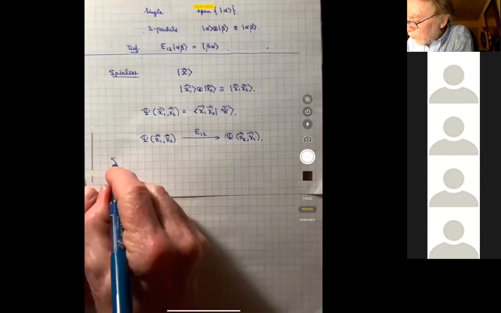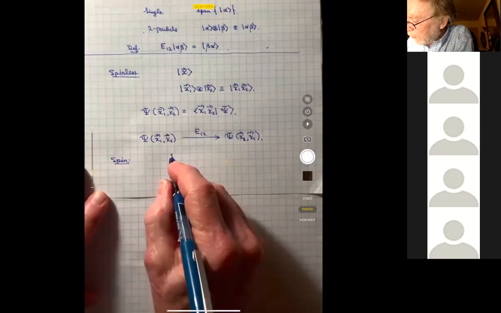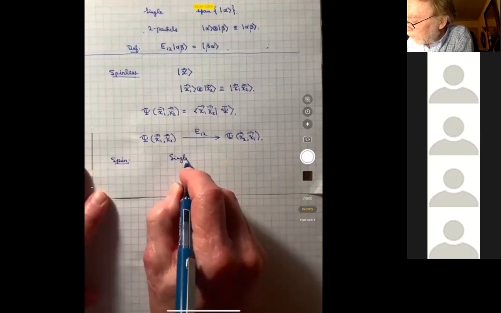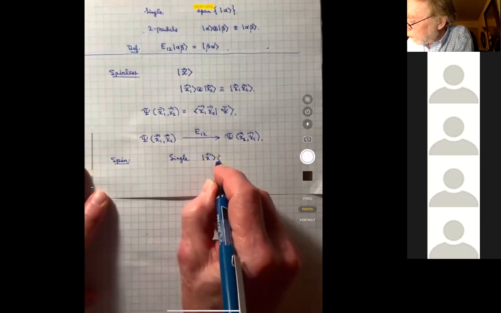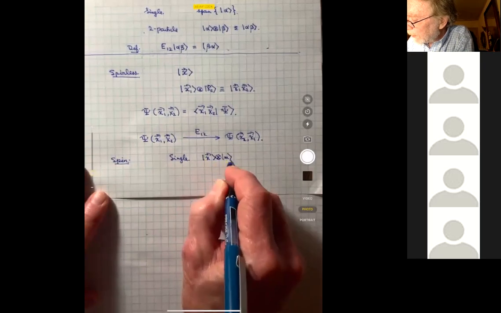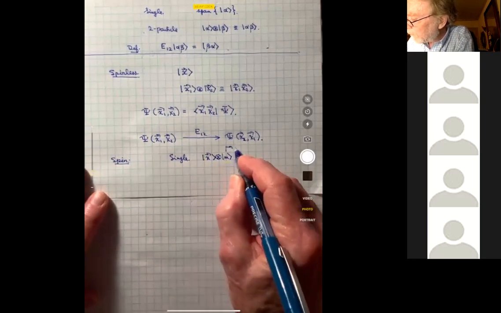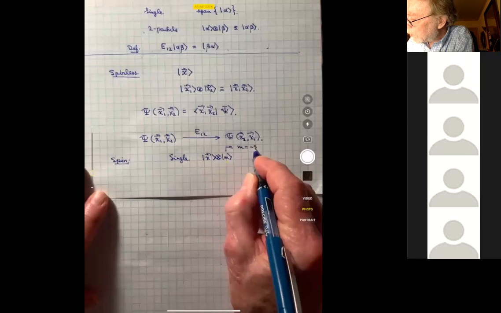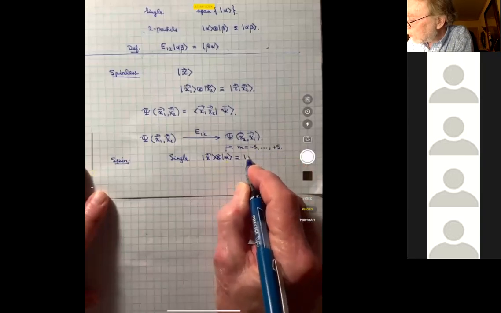If we have wave functions with particles with spin, it's only slightly more complicated. In this case, for a single particle, the basis states are the tensor product of x with m, where m is the magnetic quantum number of the operator S of z of the particle, so that m takes on the values going from minus s up to plus s, and we'll abbreviate this as just xm.